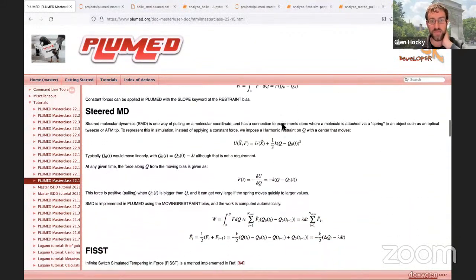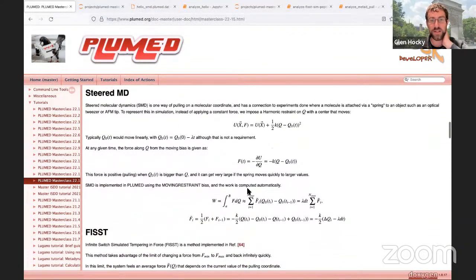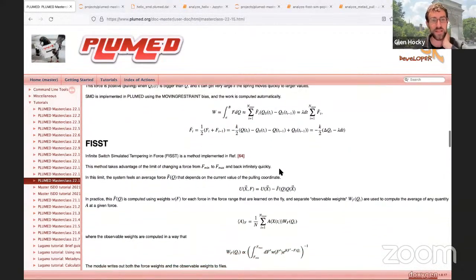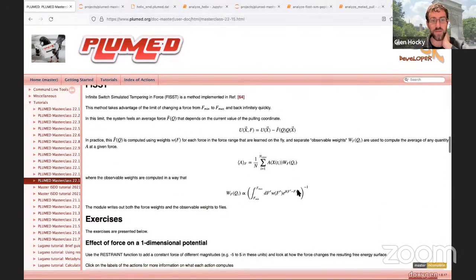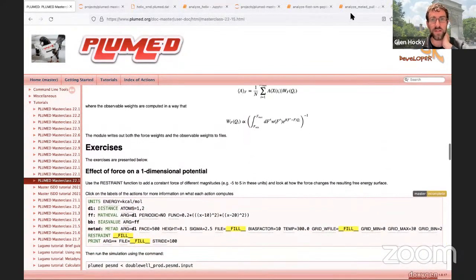And then Guillaume talked about steered MD, which usually involves adding a harmonic potential with a moving center. So I'll show an example of that, even though it wasn't in the exact exercises. And then I talked about this FISST method, for which you can then reweight to different forces.